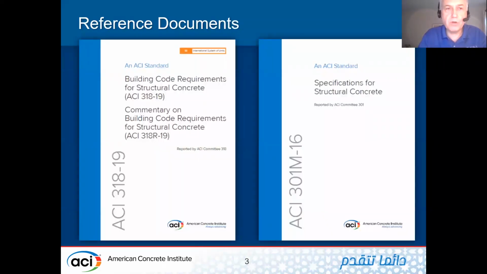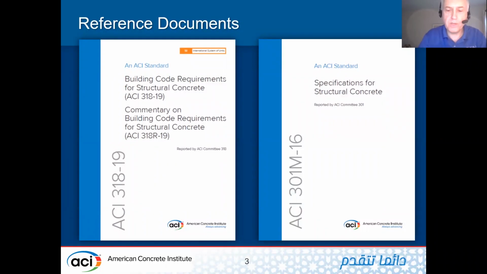So today's talk is about low strength concrete and low strength test results. But what I want to say up front is that the whole presentation is ACI-centric. So it's based on these two documents that you see on the screen: ACI 318, which is the ACI building code, and ACI 301, which is the specification for structural concrete.